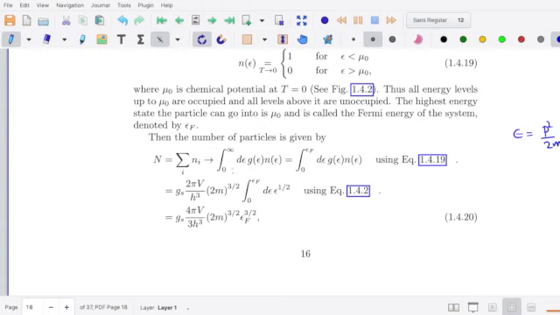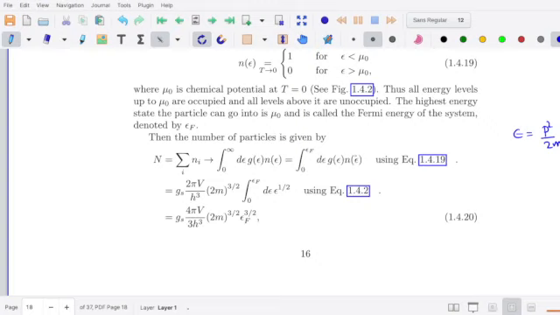This is done in terms of the density of states. So the integral becomes an integral from 0 to infinity, because the lowest value of energy is 0 corresponding to p equal to 0, and the highest value is infinity corresponding to p becoming infinity. So N is the integral from 0 to infinity of d epsilon g(epsilon) n(epsilon), where g(epsilon) is the density of states and n(epsilon) is the Fermi-Dirac distribution function. Now the Fermi-Dirac distribution function at temperature T equal to 0 is simple.